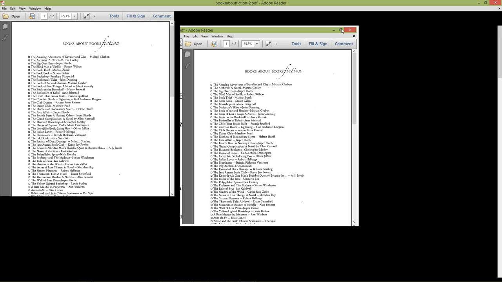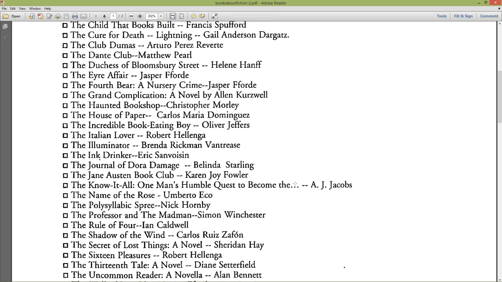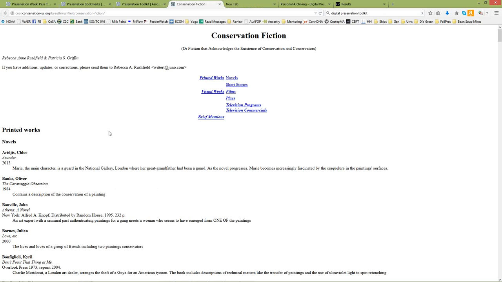But then we also have, thanks to the American Institute for Conservation, a list of conservation fiction. So not only novels and short stories, but also films or plays or television programs that you could also utilize in whatever sort of program you want to do.